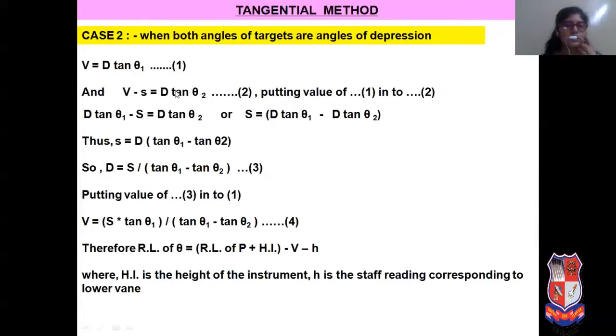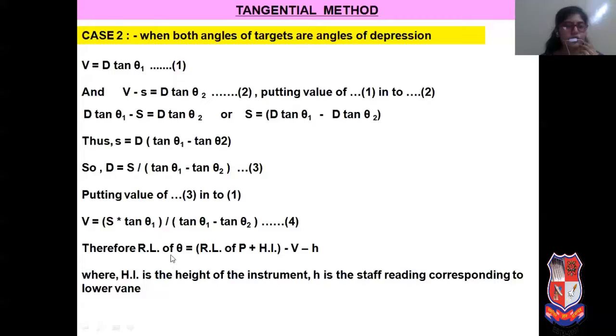Putting the values of equation 1 into equation 2, we will get the distance formula, that is d is equal to S divided by tan theta 1 minus tan theta 2. As well, we can derive the formula for vertical distance, which is V is equal to S tan theta 1 divided by tan theta 1 minus tan theta 2.